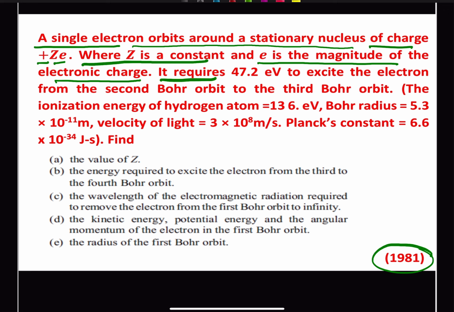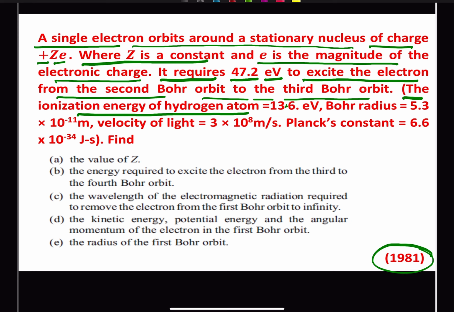It requires 47.2 electron volt to excite the electron from the second Bohr orbit to the third Bohr orbit. The ionization energy of the hydrogen atom is, this should actually be 13.6 electron volt. Bohr radius is 5.3 into 10 to the power minus 11 meter, velocity of light is 3 into 10 to the power 8 meter per second, and Planck's constant is 6.6 into 10 to the power minus 34 joule second.